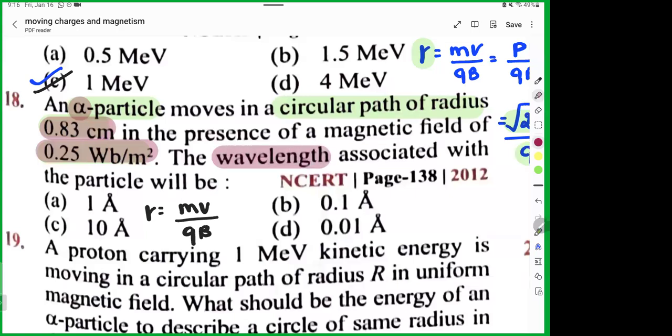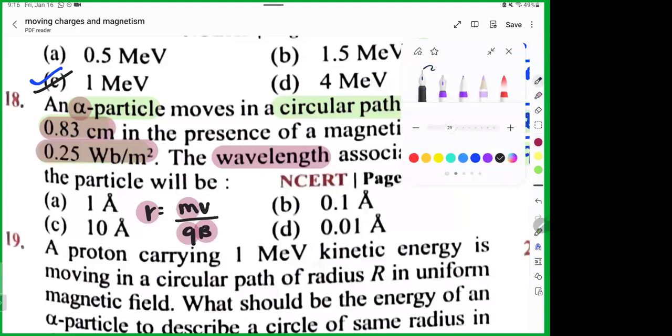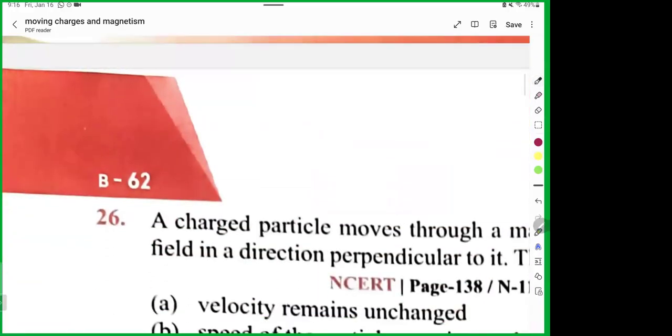Now it is your duty to correlate this. The good thing is you have R value, M value, Q value, B value. What is left? Velocity. It means you have to correlate this with the velocity. One method is dual nature of matter. In de Broglie wavelength, lambda is equal to h upon p, or h upon mv.